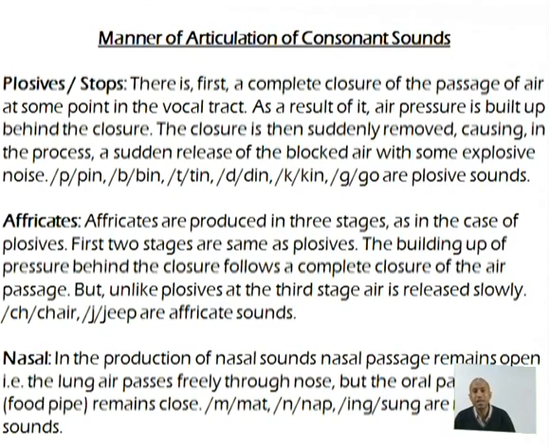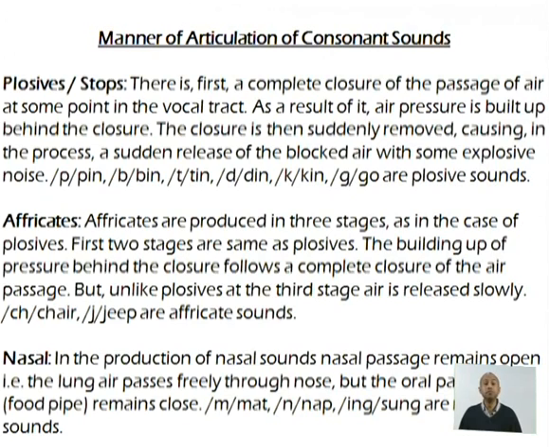Then we have, of course, nasal. Nasal sounds, yes, sounds being produced by the nose. Of course, in consonant sounds that are being produced by the nose, not other sounds produced by the nose, which says here, in the production of nasal sounds, nasal passage remains open. The lung air passes freely through the nose, but the oral passage remains closed.